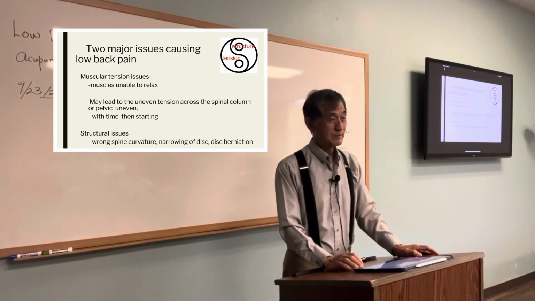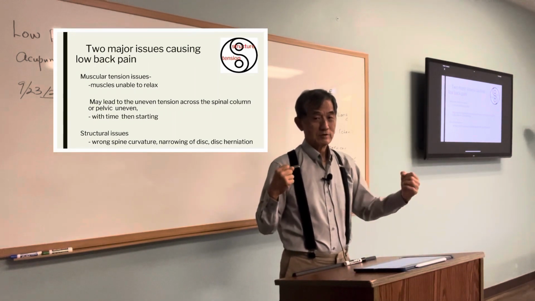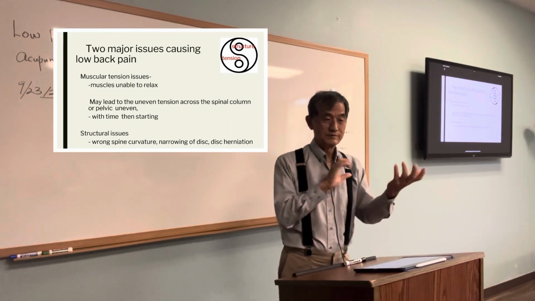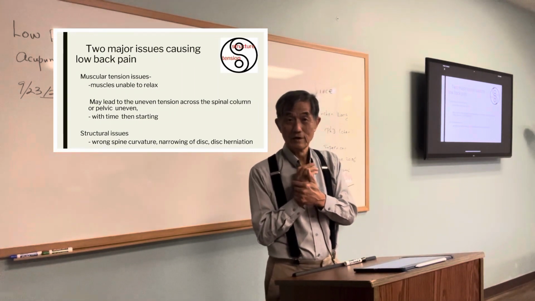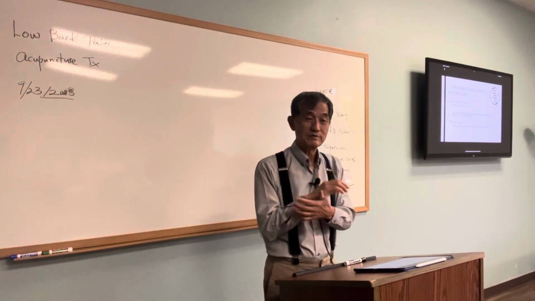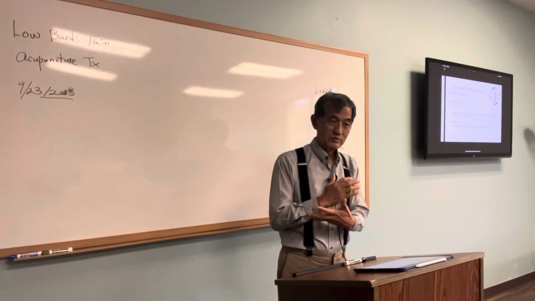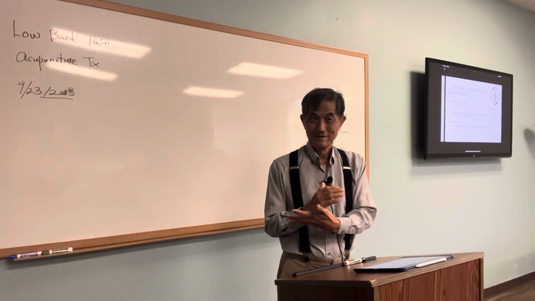Then structural issue, because muscle has to work with the bone. So when the bone and structure is kind of not in the right place, you also have pain. But here people tend to look at the joints and say, oh, must be the joint. No, for the majority of the time, it's still the muscle issue.